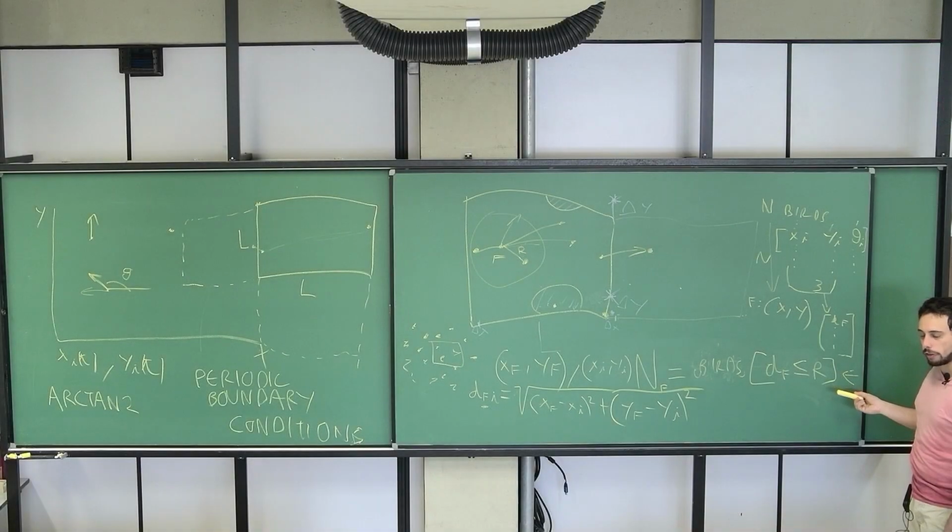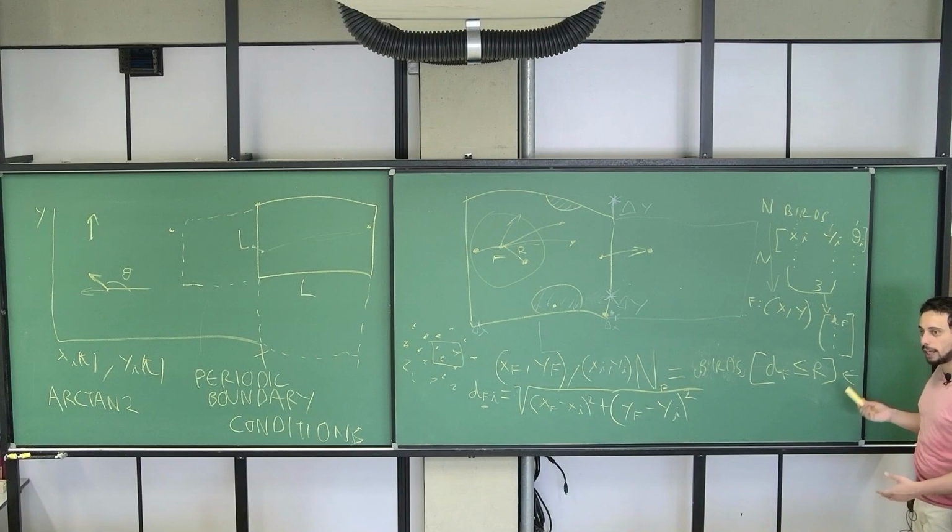So let's say you cycle over this list where you have all of your birds, all of your x's and y's, and you calculate the distance to f for all of these birds. So now you have a list of distances, okay? And then the neighborhood is just the mask of this array.